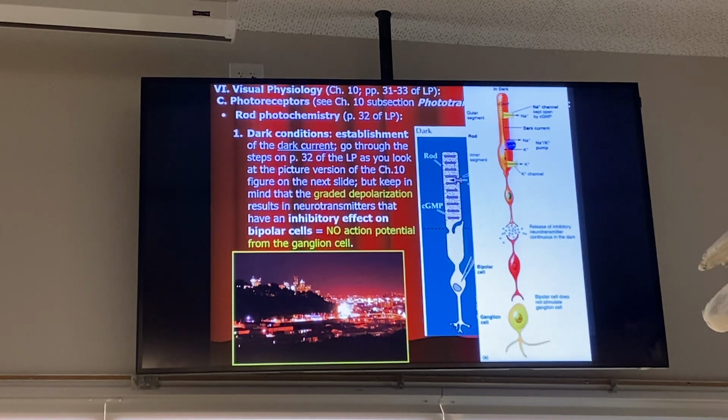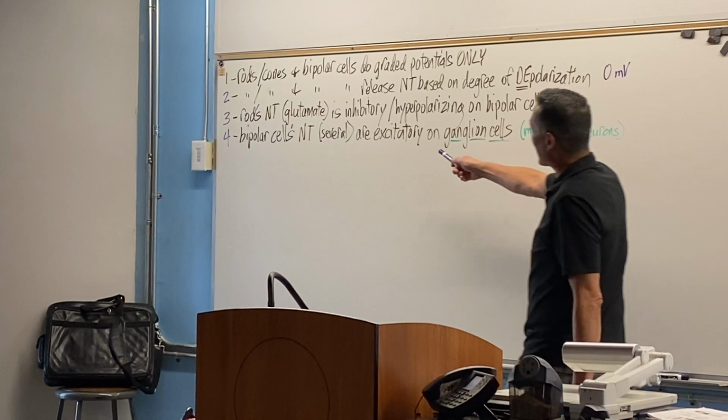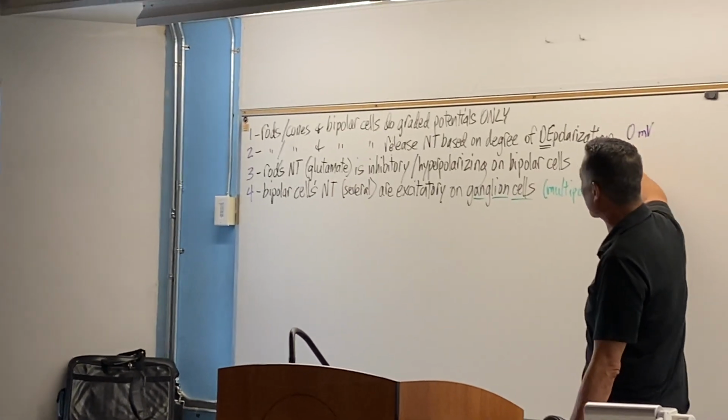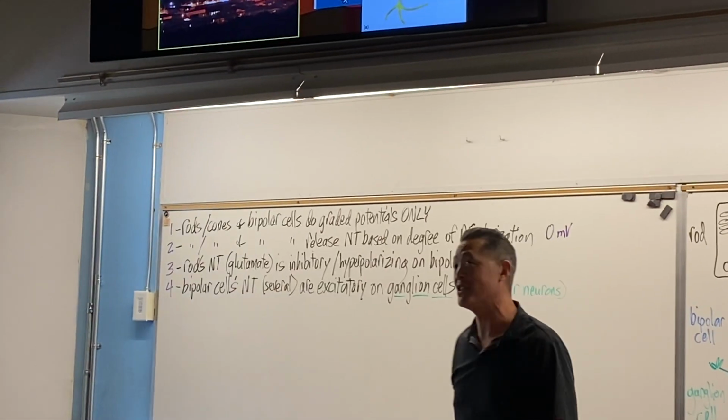The neurotransmitter glutamate is released in a constant flow. Because of point number 2, glutamate has an inhibitory effect on the bipolar cells. Point number 3. This causes the bipolar cell to hyperpolarize, and it cannot release its excitatory neurotransmitters on the ganglion cells. Why? Because it's hyperpolarized. And point number 2 says it's going to release it only when it's depolarized.